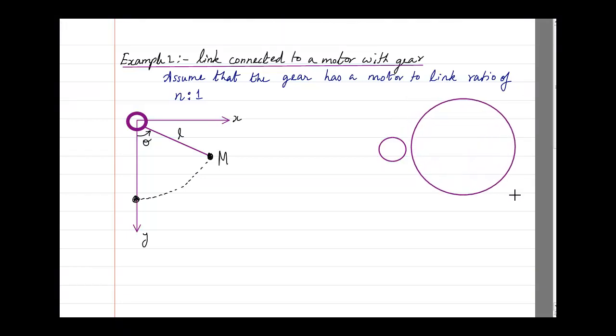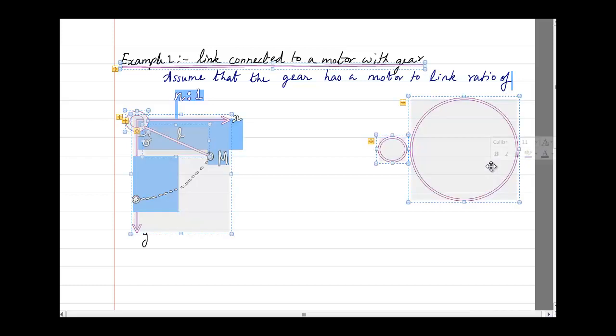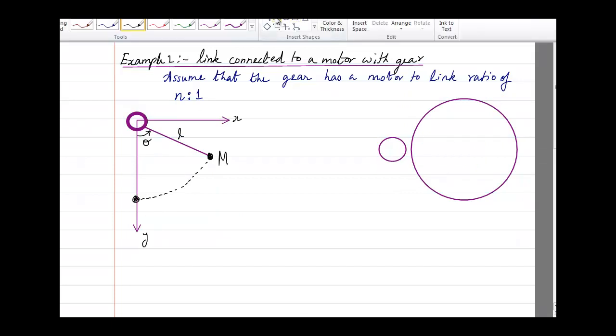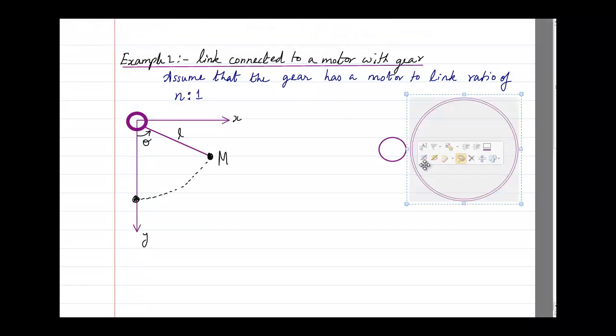Let me draw it slightly bigger. Suppose they are very close so that they are touching each other, and there will be teeth here, but I'm not going to draw the teeth, because it is going to take a lot of time.